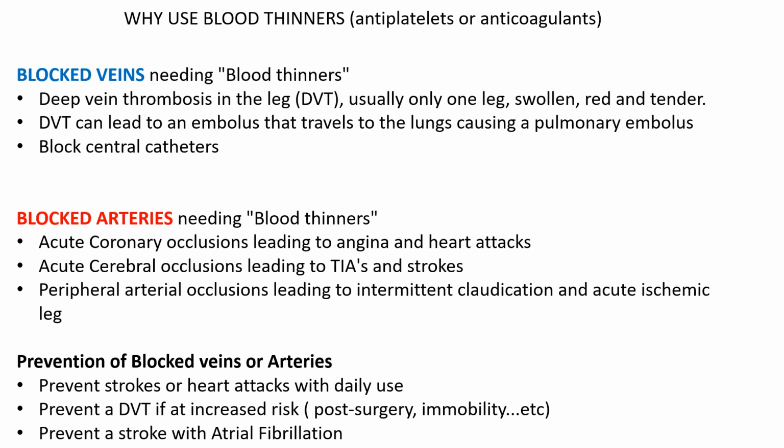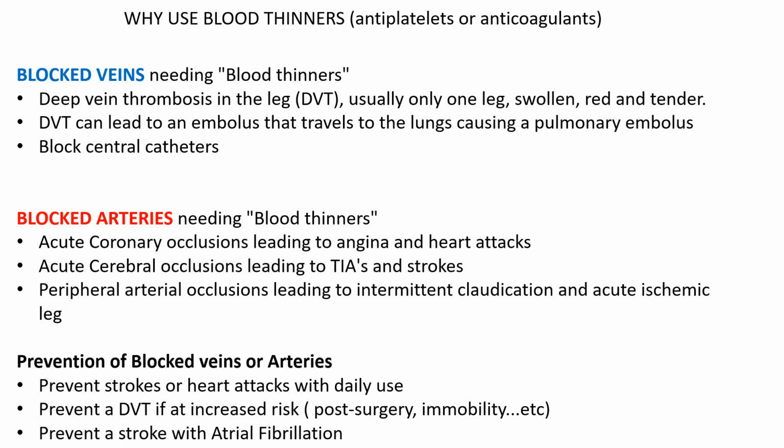And as that clot extends and gets bigger and bigger within the vein, parts of it can break off. And when a part of a DVT breaks off, it's able to travel now. It's able to embolize. And where does the clot embolize to?